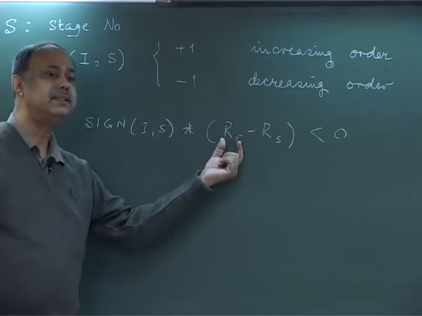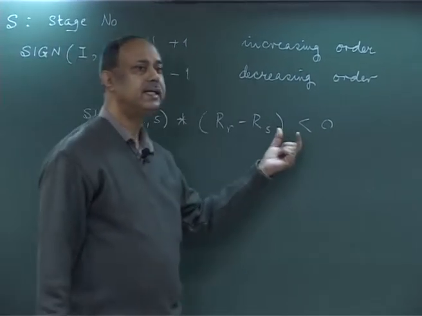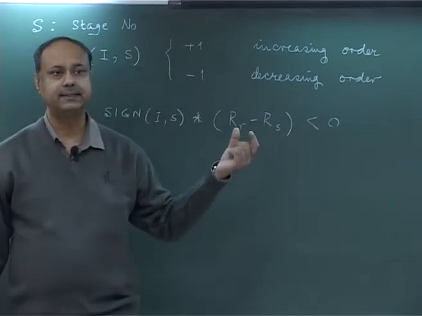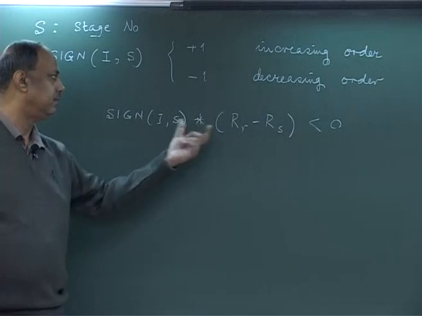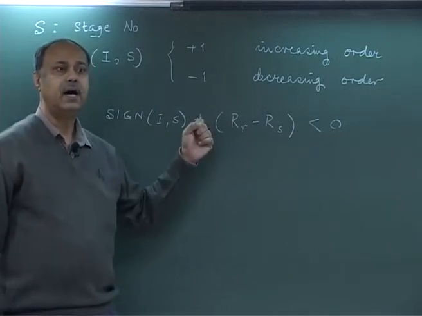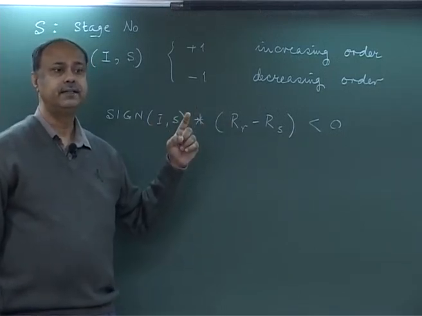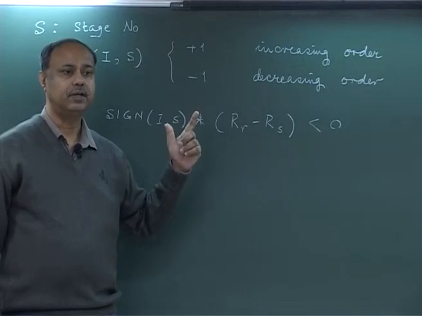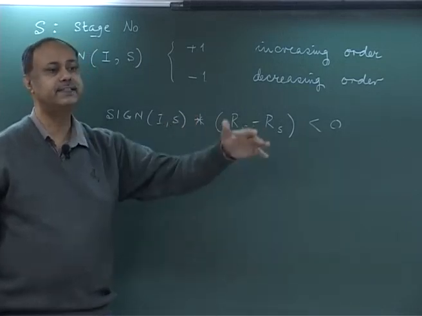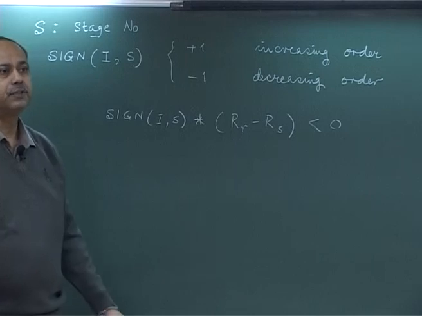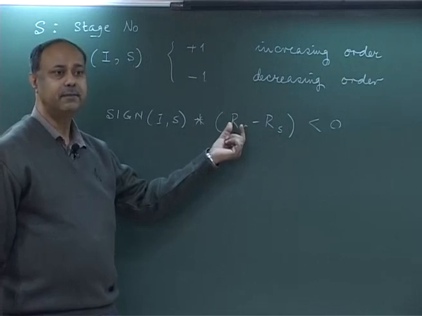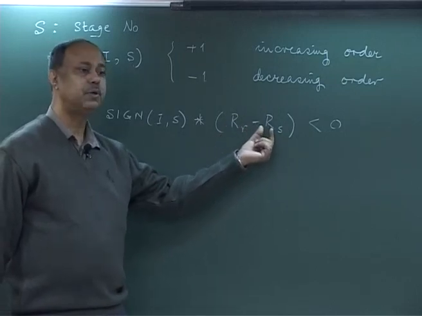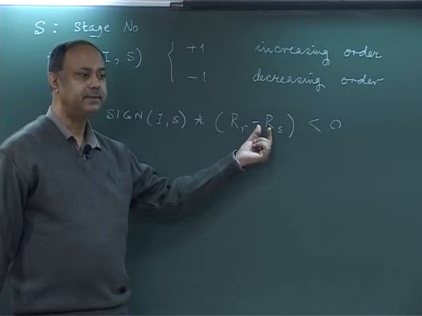I told you that the rejected element will be in the RR register and the accepted element will be in the RS register. Plus 1 means increasing order. So, RR should contain the rejected element, and RS should contain the accepted element.